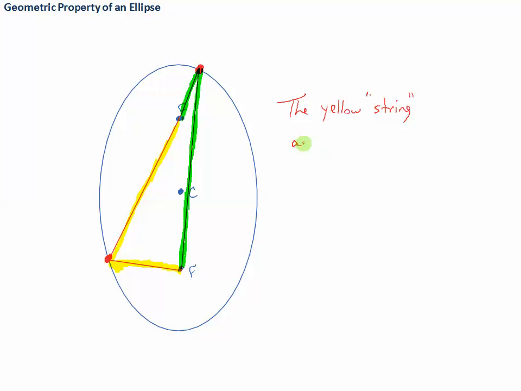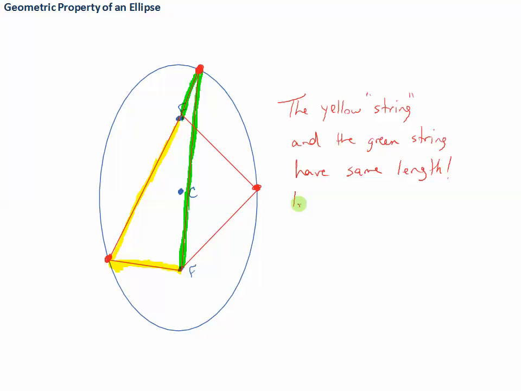The yellow string and the green string have the same length. In fact, any string that you would use for any point on this ellipse, say this point here, you could do the same thing. You would get a string length here. That string length would be the same as the green and the yellow string lengths.